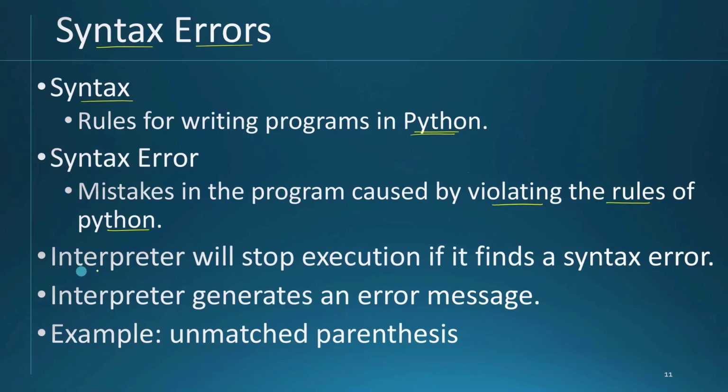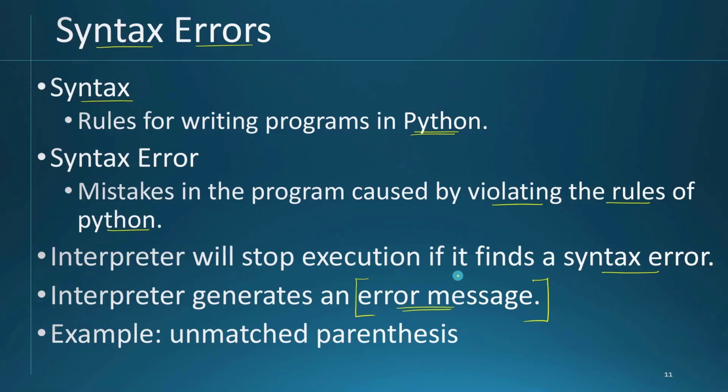Next, you can see the interpreter will stop execution if it finds a syntax error in your Python program. The interpreter will generate an error message. So when you see this error message from the interpreter, don't get disheartened. This is your hint. You have written a big program, and when you try to run it, the interpreter identifies a mistake in it and notifies you regarding this mistake as an error message.